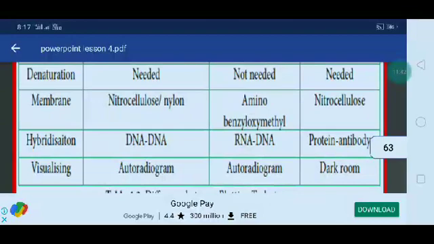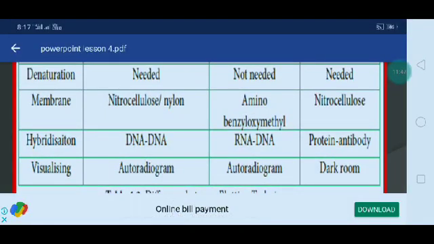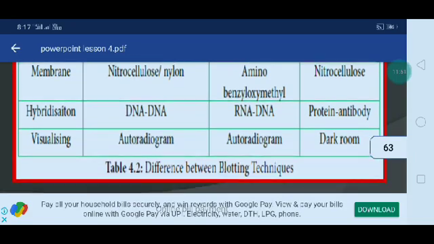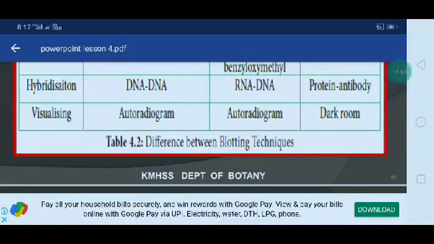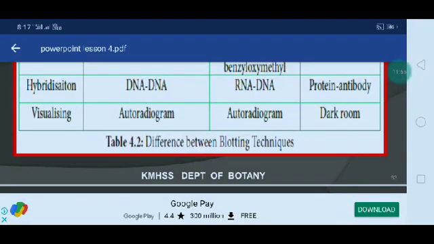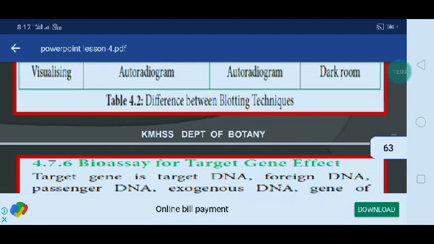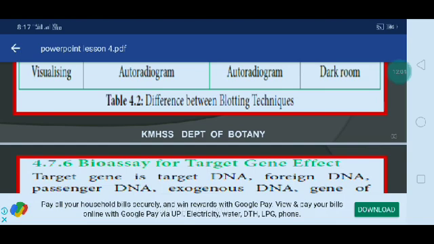Membrane: nitrocellulose or nylon, aminobenzyloxymethyl, nitrocellulose. Hybridization: DNA, RNA, DNA, then protein, antibody. Visualization: autoradiograph, then darkroom. These are the differences between these three techniques involved in hybridization.